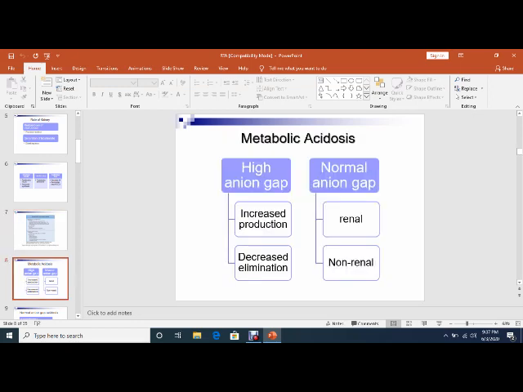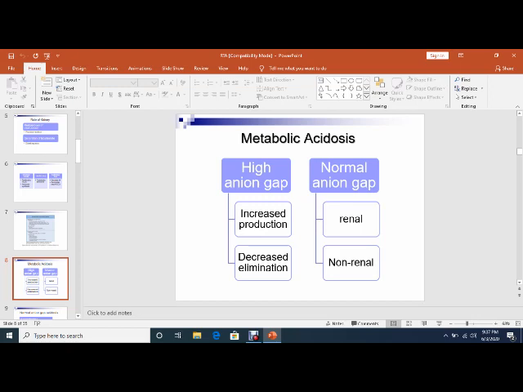So this slide shows the high anion gap and normal anion gap. High anion gap is due to increased production of acids and/or decreased elimination.